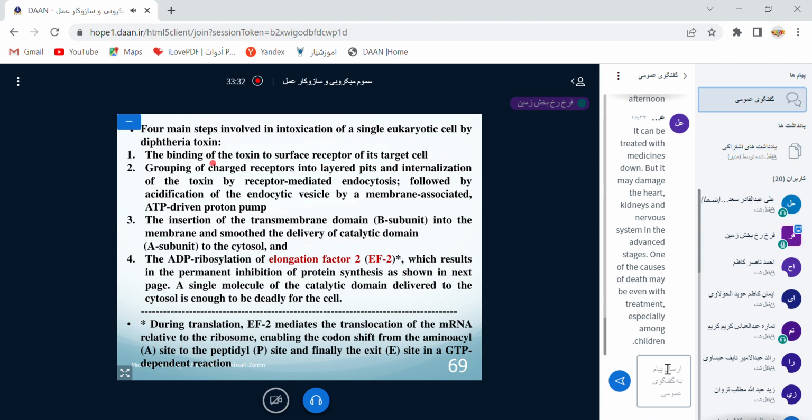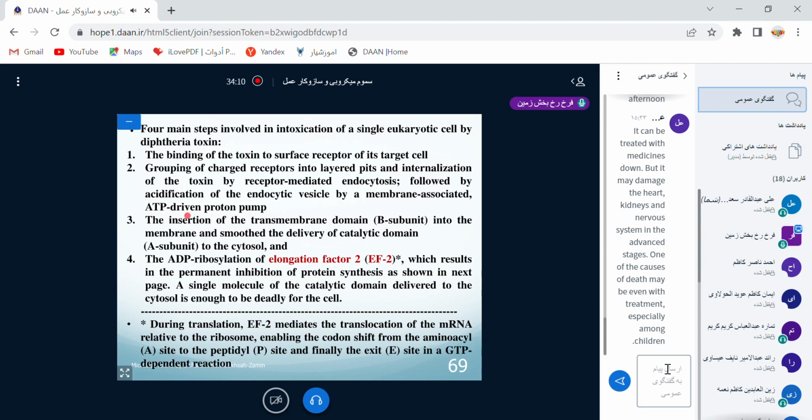Two, grouping of charged receptors into coated pits and internalization of the toxin by receptor-mediated endocytosis, followed by acidification of the endocytic vesicle by a membrane-associated ATP-driven proton pump. So acidification is done by a membrane-associated ATP-driven proton pump.